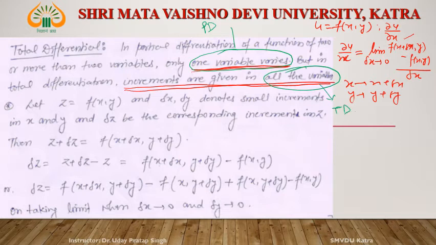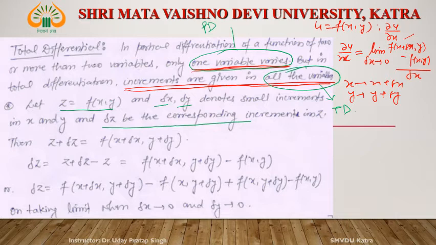See, if z is a function of x, y and Δx, Δy is the small increment in x and y, what is Δz? If we change x and y with a small increment Δx and Δy, we obtain a small change in z, that is Δz. Then z plus Δz is equal to f(x+Δx, y+Δy), right?